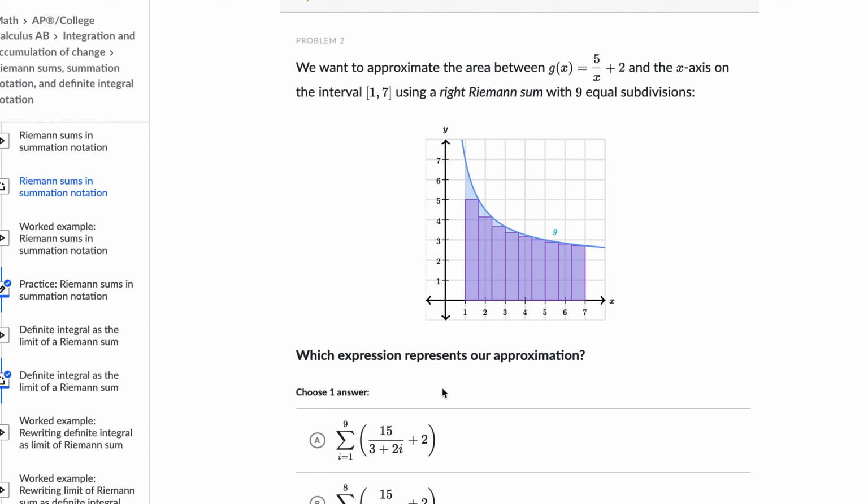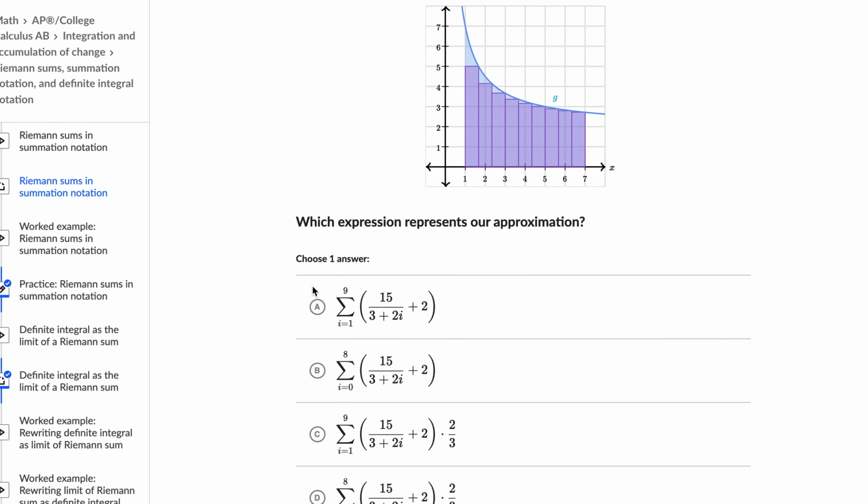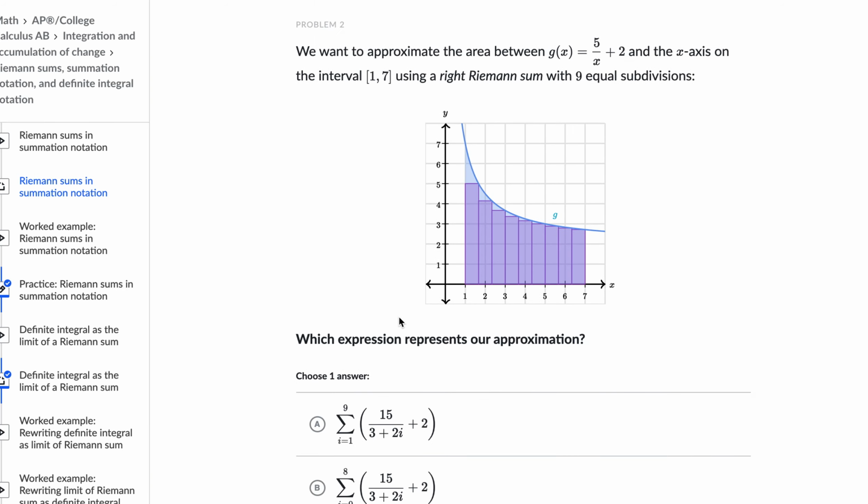Okay, so it gets a little complicated here, but with a right Riemann sum, remember, our sample point, our x sub i, our index point, is going to start at 1 and go up each time by 2/3, because it was a width of 6 over 9 divisions.